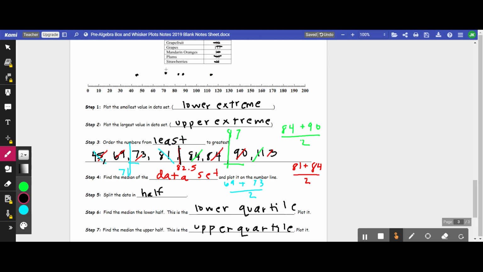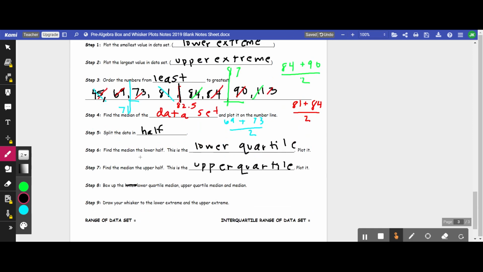It'll look kind of like this. So your lower quartile, that's the median for the lower half of data, your median, and then your upper quartile. And then you're drawing the whiskers to each side for the upper and lower extreme, which are the largest and smallest values. So that's what it would look like.